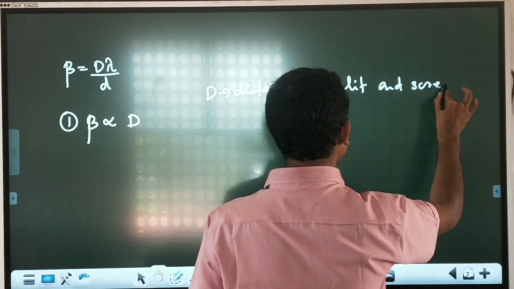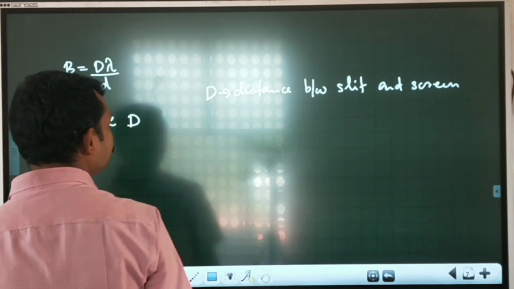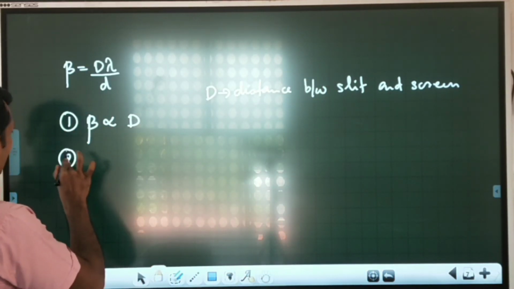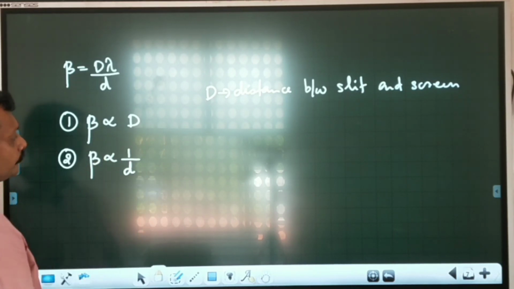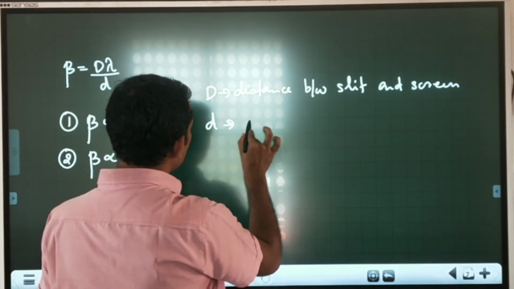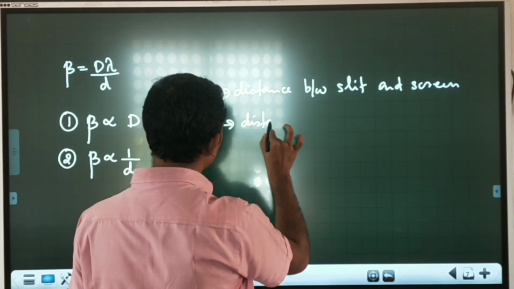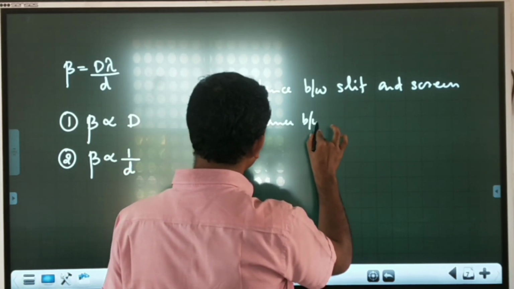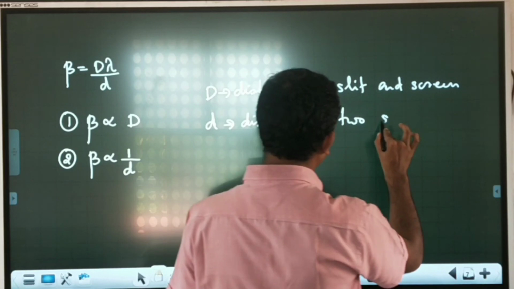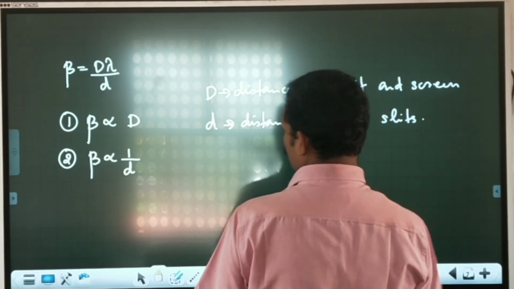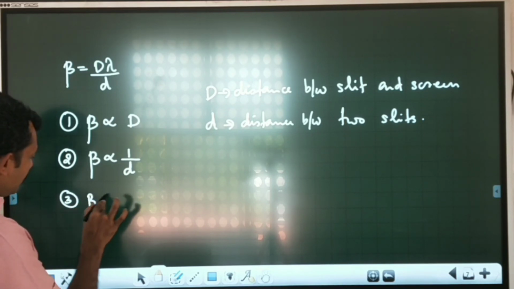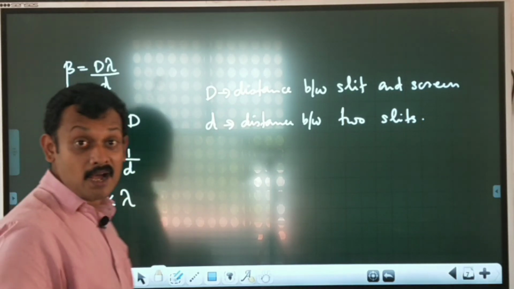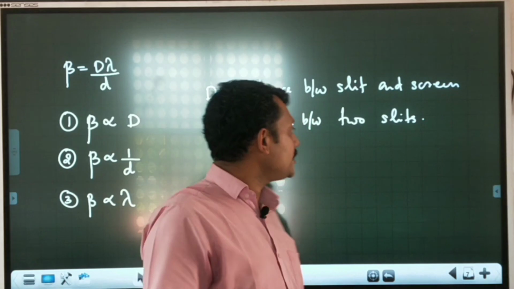The second thing I can say is that beta is inversely proportional to small d. What is small d? Distance between the two slits. And third one I can say is that beta is directly proportional to lambda. What is lambda? Wavelength of the light used.